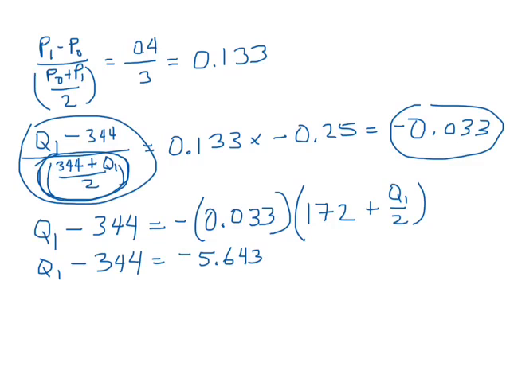And then 0.033 divided by 2, that's a minus, by my calculations is 0.0165 times Q1, and then I'm going to add 0.0165 Q1 to both sides, and then add 344 to both sides, and then regroup.